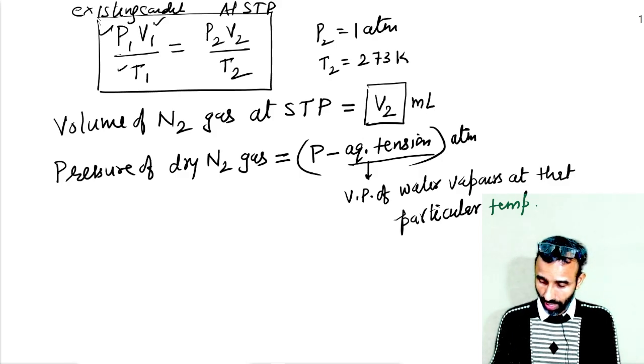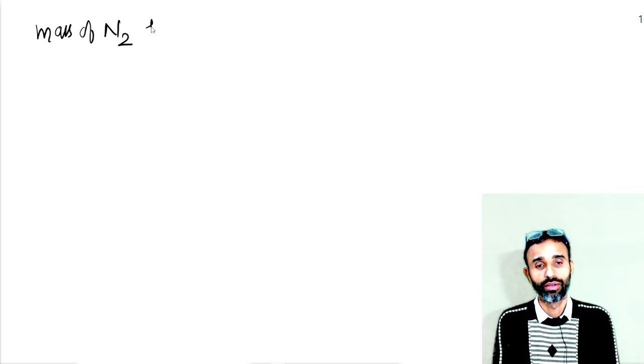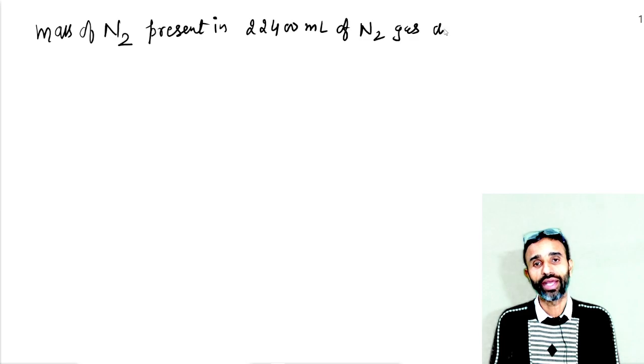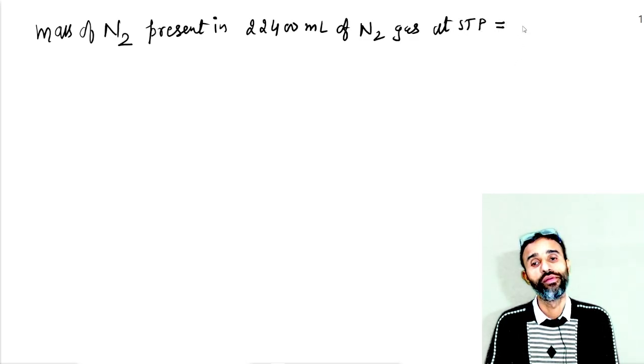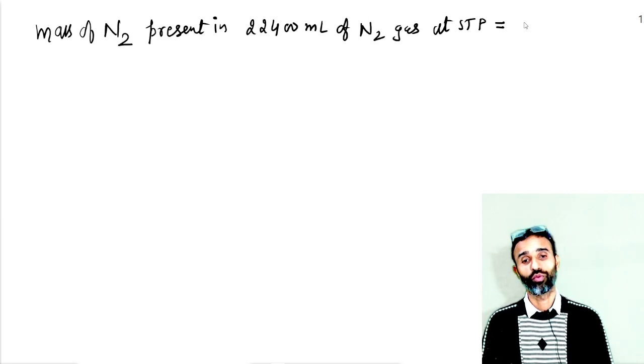So now we know that the mass of nitrogen present in 22400 ml of nitrogen gas at STP is equal to, what is the mass of nitrogen gas present in 22400?